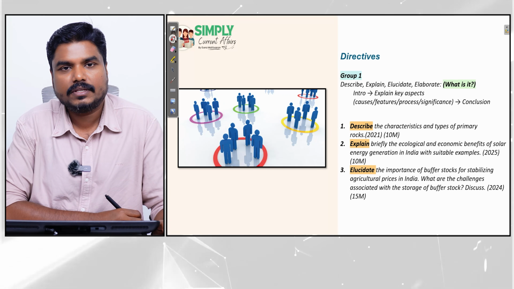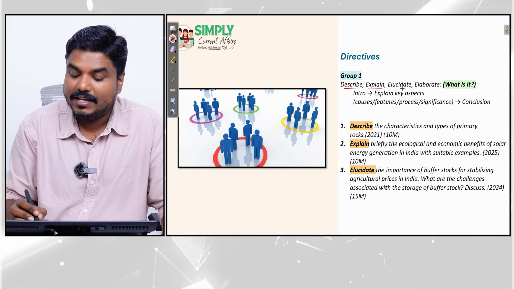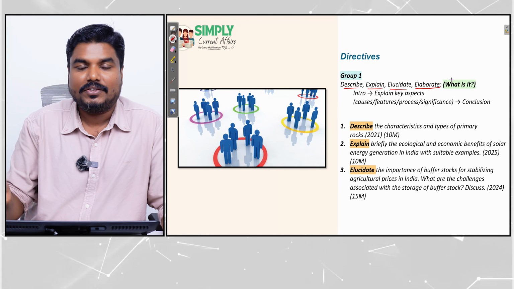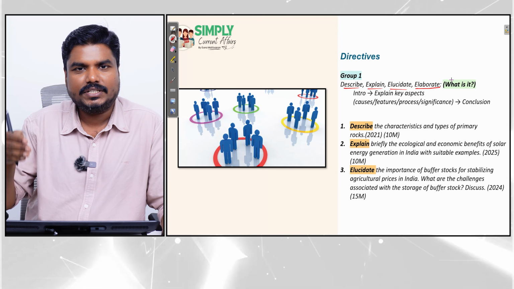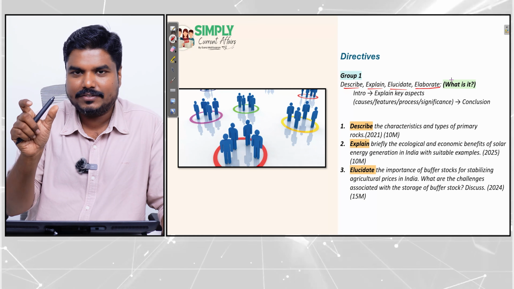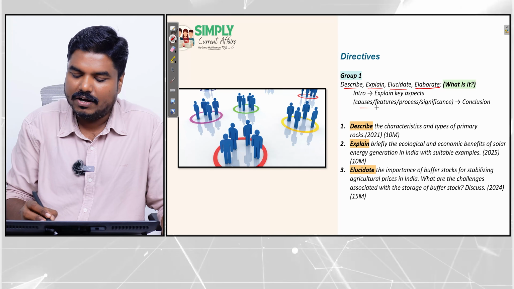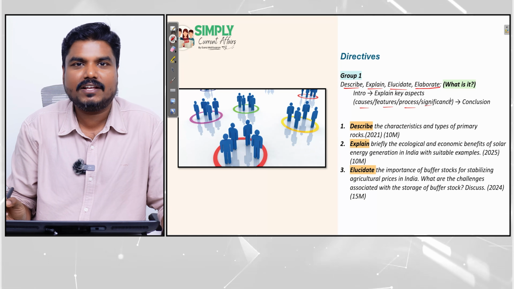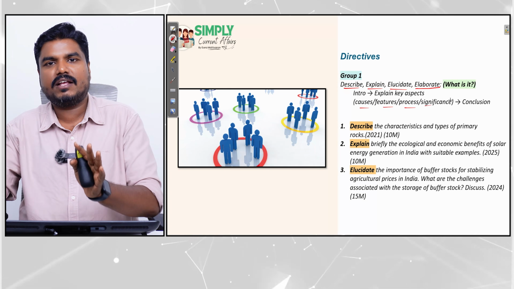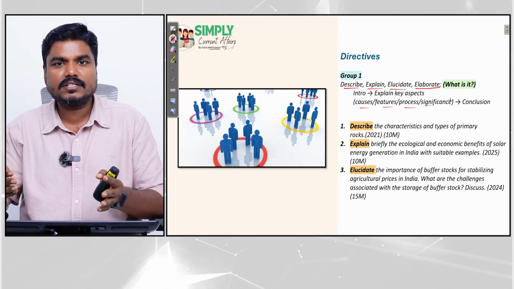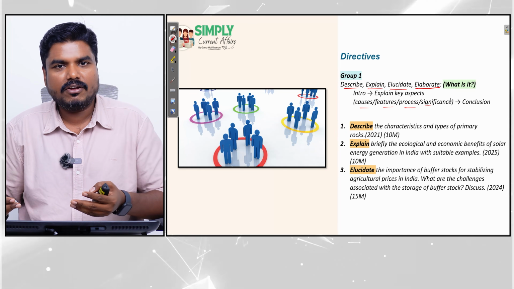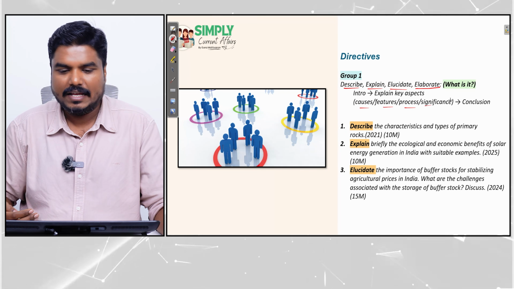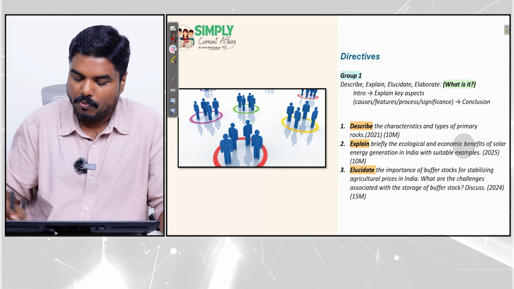Group number 1: describe, explain, elucidate, elaborate. Whatever may be the directive, you are going to explain based on the causes or features or process or significance asked. Just explain the significance, the process, the features, or the causes depending upon the demand of the question. So this is group 1.